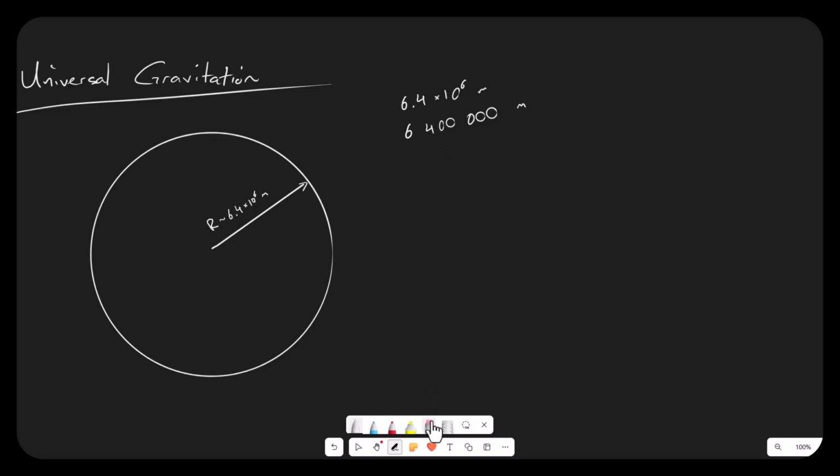So anytime we are near the surface of the Earth, within even a few kilometers, we're not going to notice a difference in gravity. But universal gravitation is saying more. We've got the Earth, and then maybe the moon out here, and this is an actual noticeable difference in gravity.